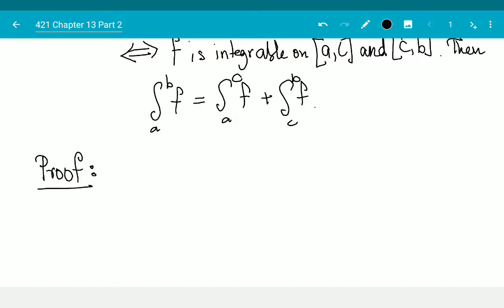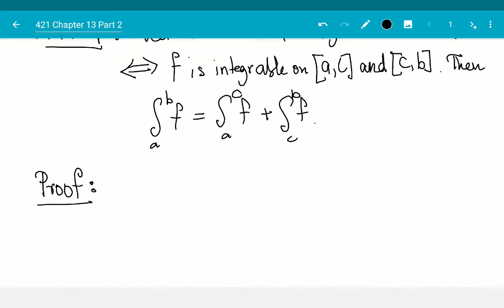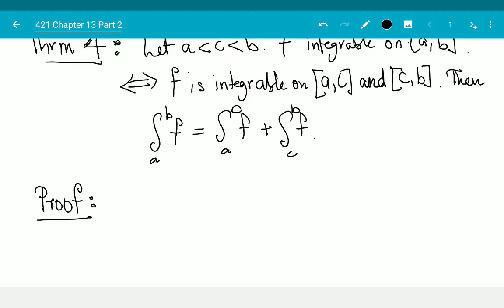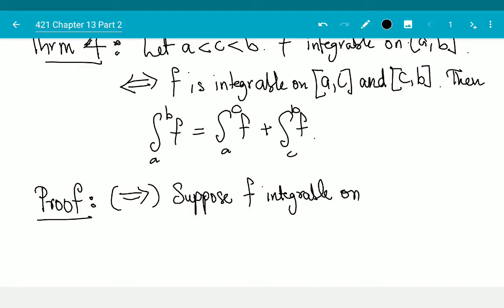Proof. So there are two parts, right? I want to show first the forward direction and second the backwards direction. So let's do this direction first. Suppose f is integrable on [a, b].